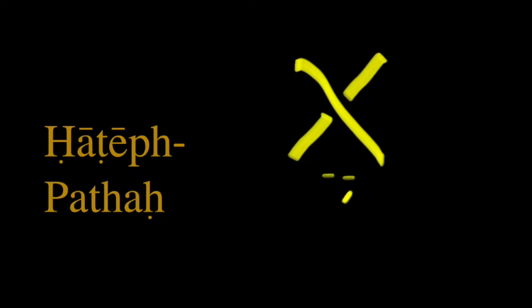So let's have a typical guttural letter. There's Aleph. And you've got your vocal Shewa, but because it's an Aleph, it needs to be combined with another vowel. And the first of these is Pathach, which you'll remember from the previous video is a short a.